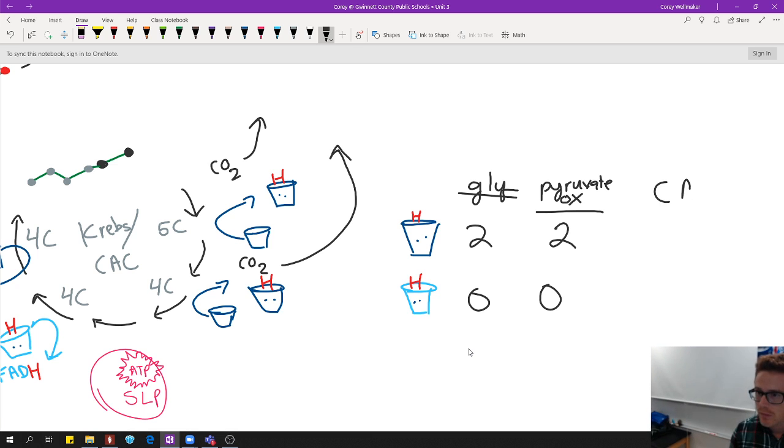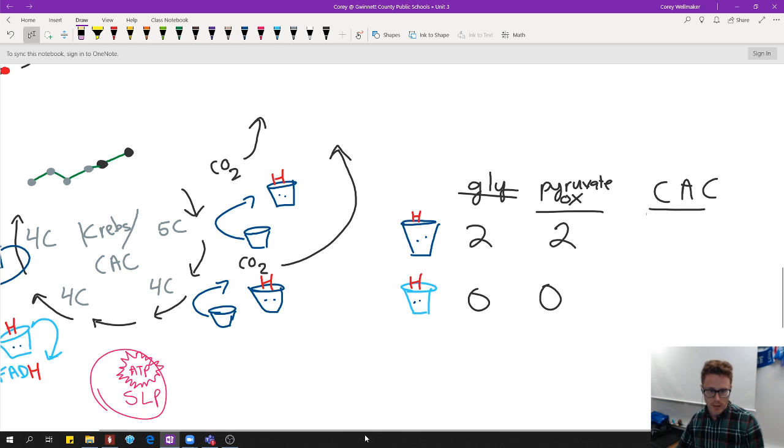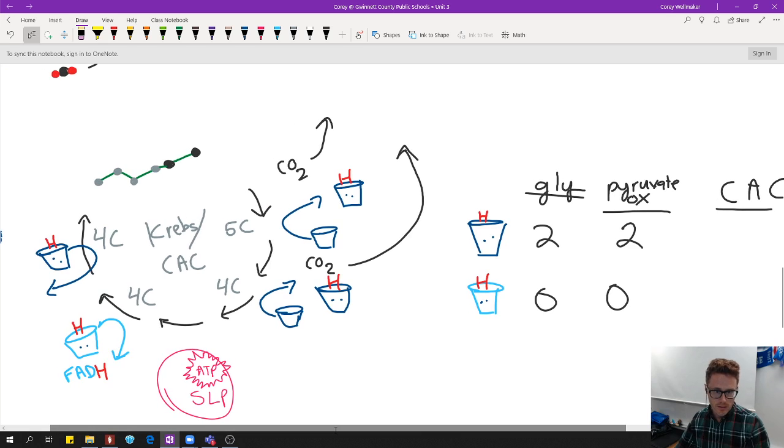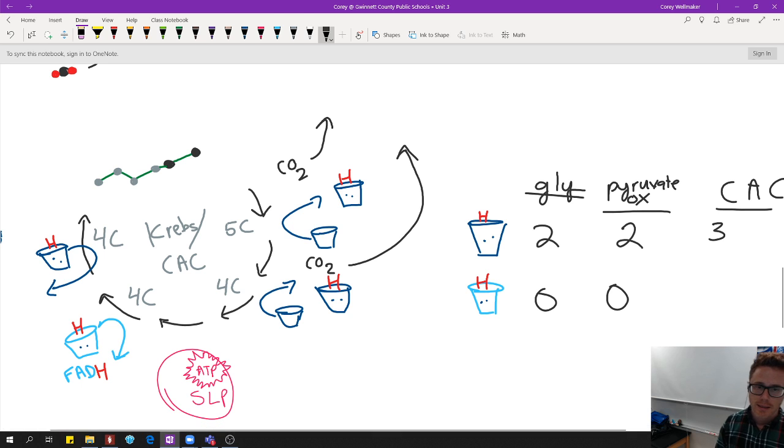And now, when we're looking at the citric acid cycle, for every 1 turn, let me just count, we get 1, 2, 3. Okay, we get 3 NADH, and we get 1 FADH2. But remember, 1 turn is from an oxidized pyruvate. How many pyruvate molecules are coming in from glycolysis? 2.